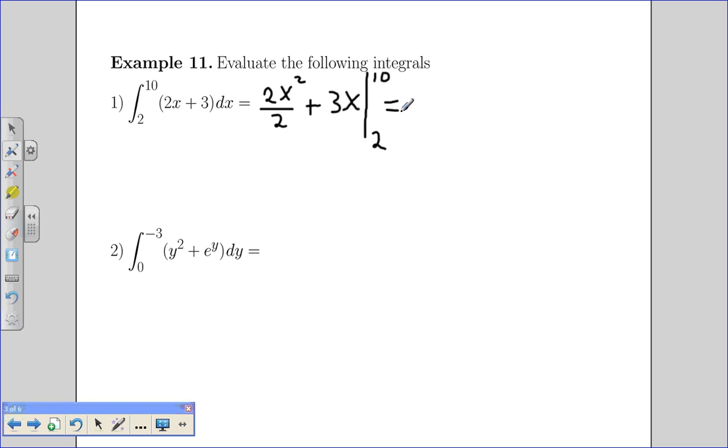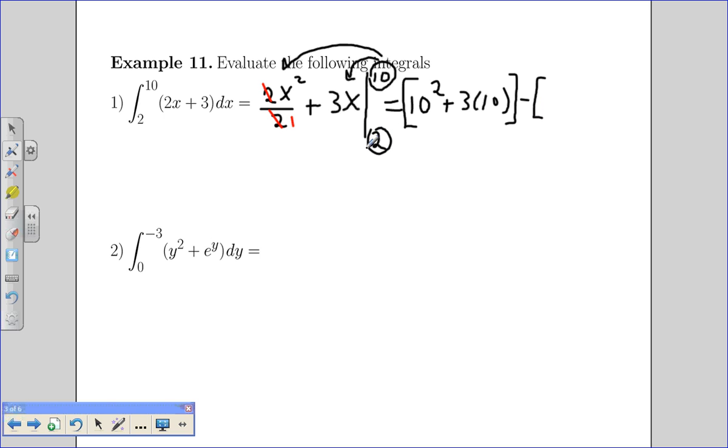So we plug in the top, put that in for x, and the 2's of course cancel. I'll cancel them in red, and we get a 1. So we get 10 squared plus 3 times 10, minus, and then we plug in the 2 for x, and we get 2 squared plus 3 times 2.